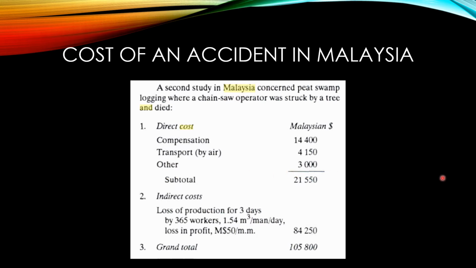What is the cause of an accident in Malaysia? There is a method for calculating the cost of an accident, in that you can calculate the direct cost, and that includes compensation, transport of the deceased, and the indirect cost. For example, the loss of production due to death or injury.